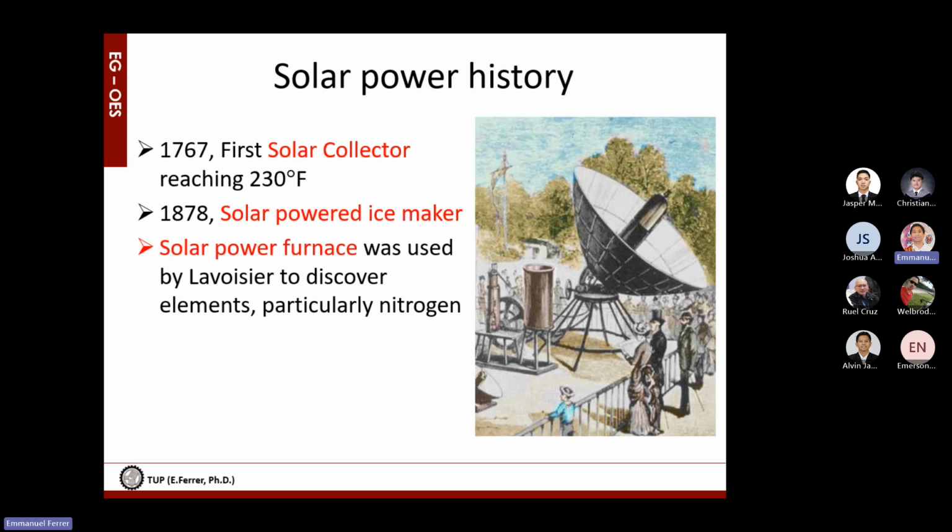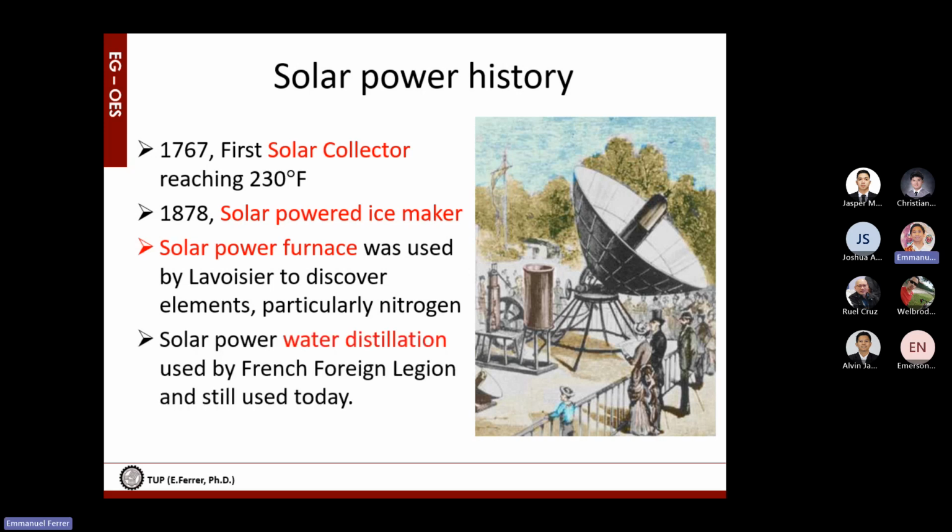Solar power furnace, may mga estudyante nag-research din nito. Solar dryer, etc. Then we have solar power distillation. Obviously, ginagamit pa rin natin itong ganito, pero yun nga, in a smaller scale pa rin, is used by the French Legion.